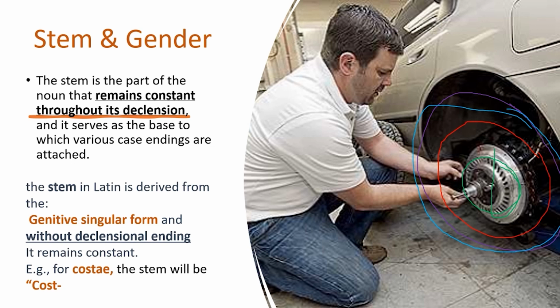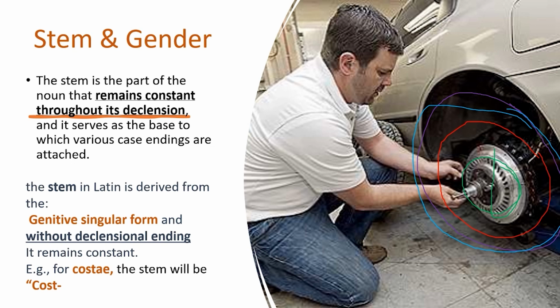Now you might be thinking, we have got at least four forms: nominative singular, genitive singular, nominative plural, genitive plural. Which one should we use to derive our stem from? It is a good question.